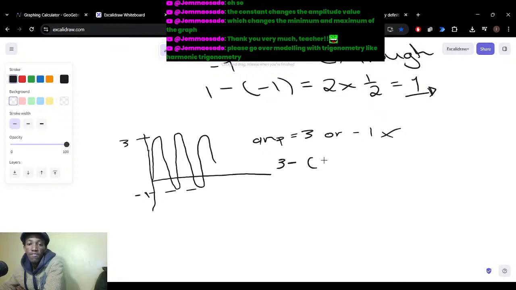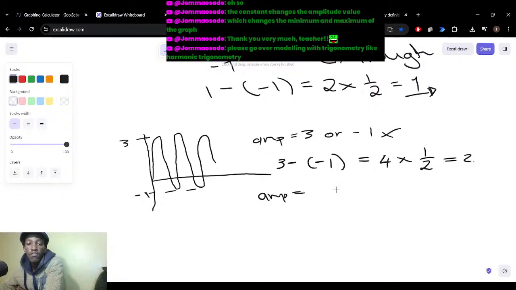You take the difference between the two, so it's 4. Then the amplitude is half the distance of the difference. So it's half of 4 in this case, which is 2. So the amplitude of this trig function is 2.